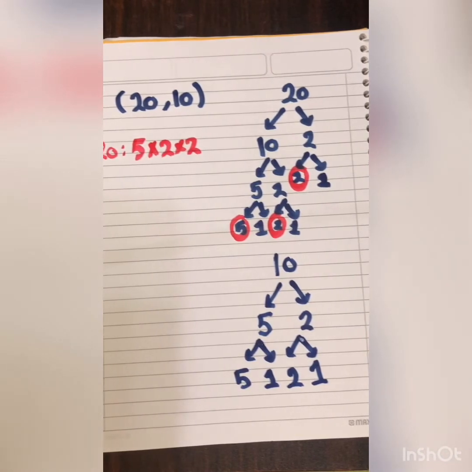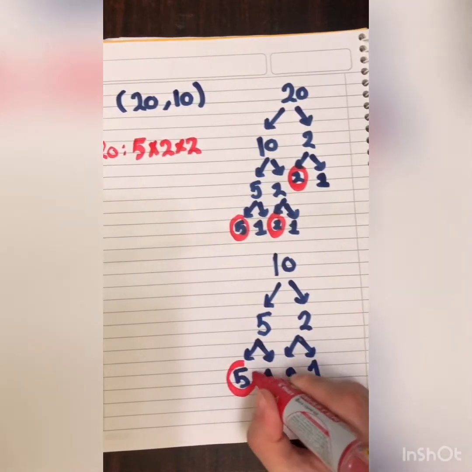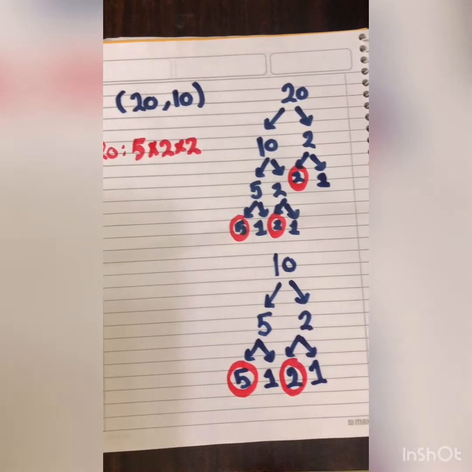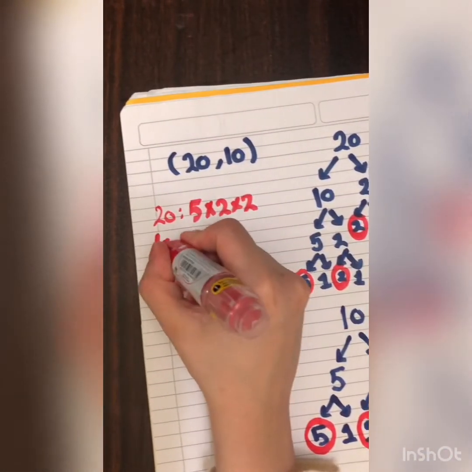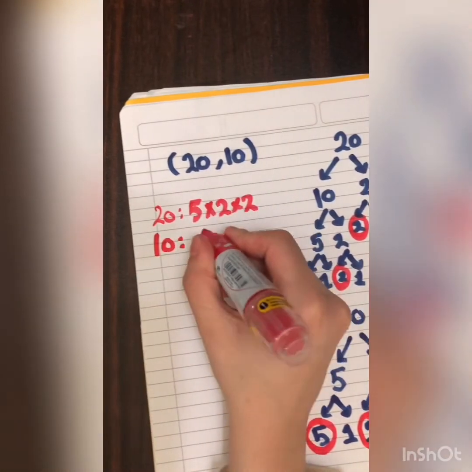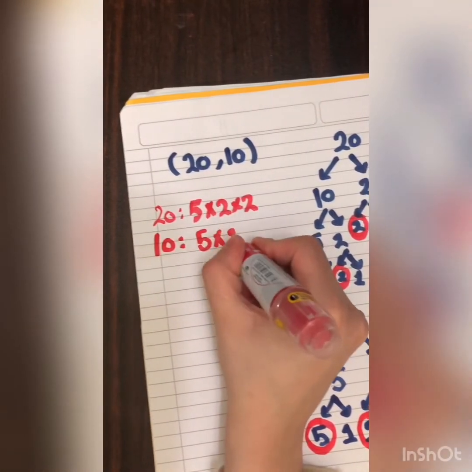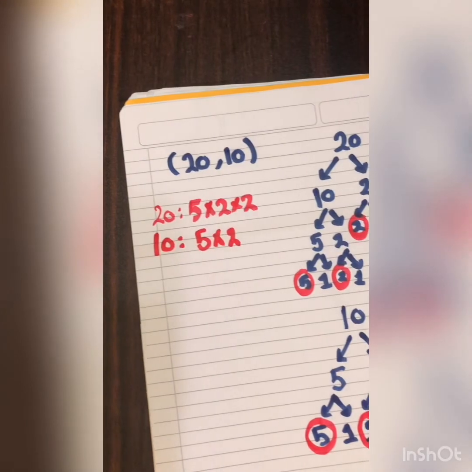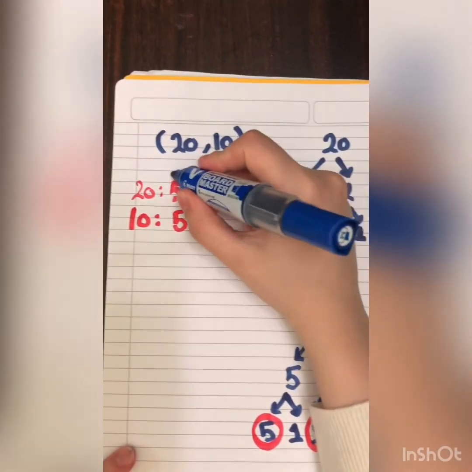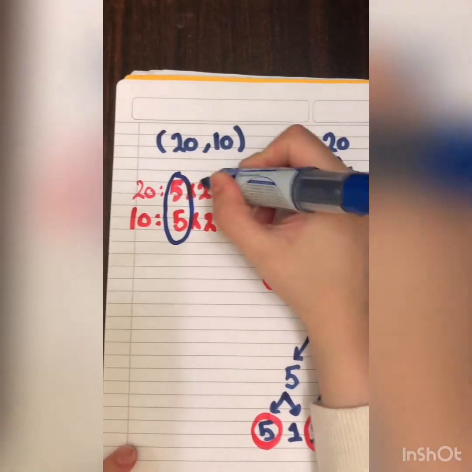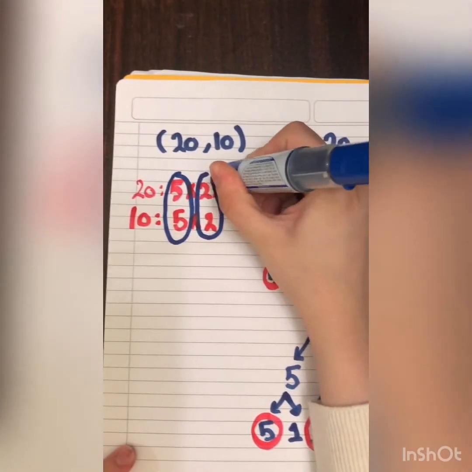Now circle the numbers. We have 5 and 2. Write down here 10 is a result of multiplying 5 by 2. Now circle the common factors. We have 5 and we have 2.